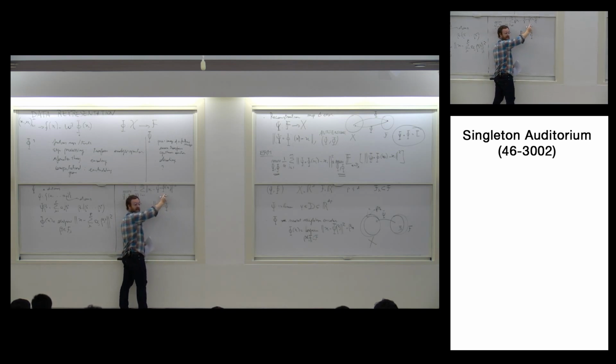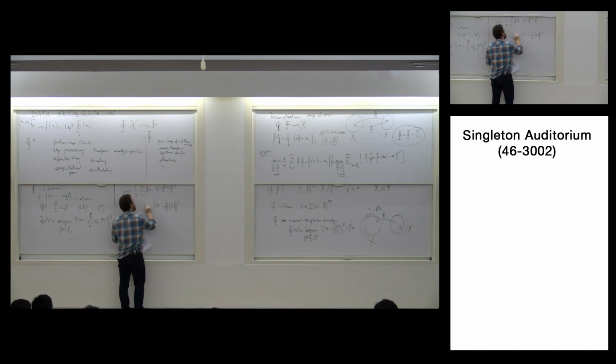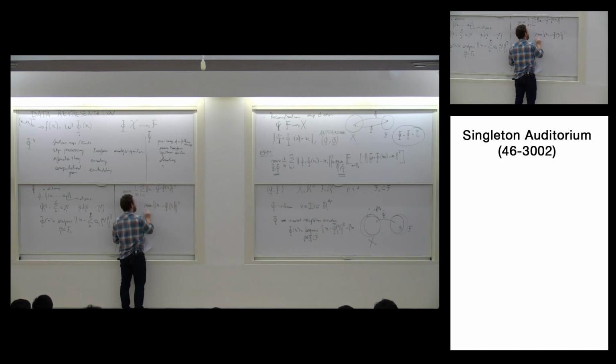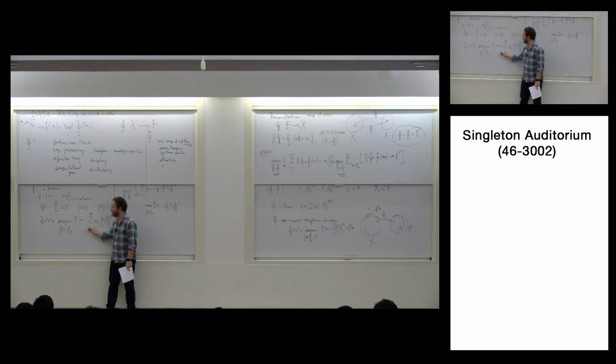Phi of x_i is simply some coefficient, well, let me just write it. So phi of x_i is defined to be exactly the beta that minimizes this.